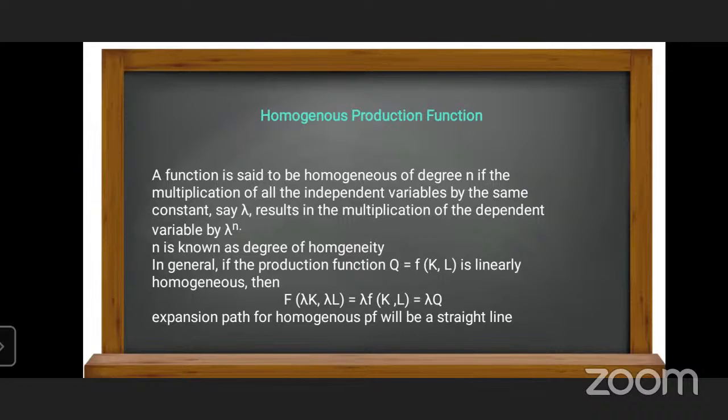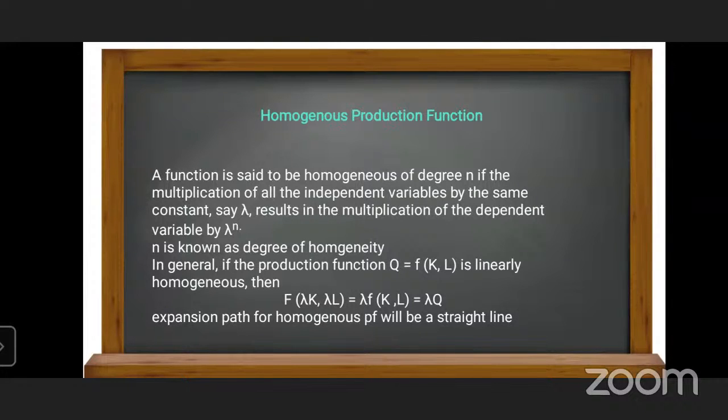As I said, if output also doubles because input is doubling, then n is 1. If input increases 2 times and output increases 4 times, then n is 2. So if you are able to take the factor lambda out of the output, then we tell it as a homogeneous production function. So the definition and the formula I have given.